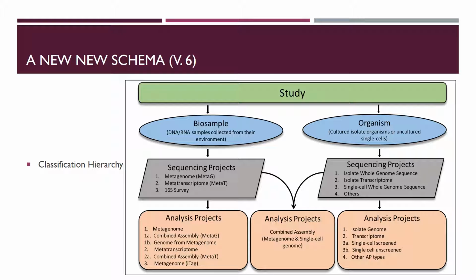What you see is that rather than describing, like under analysis projects in the previous, you saw which database they would be submitted to, like IMG/M, IMG/G, here it just lists what they are associated with, metagenome or a genome, combined assembly, things like that.